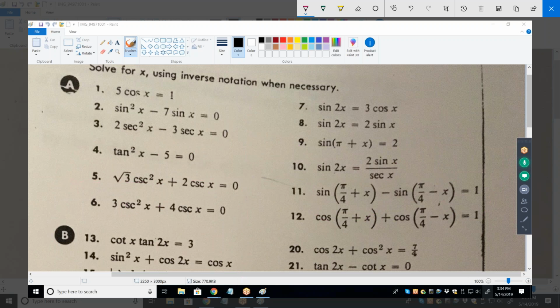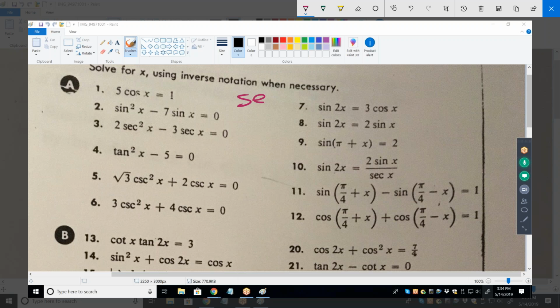Let's go to 3. Similar problem. It's 2 times... it's a quadratic in secant x. So we would factor it out.